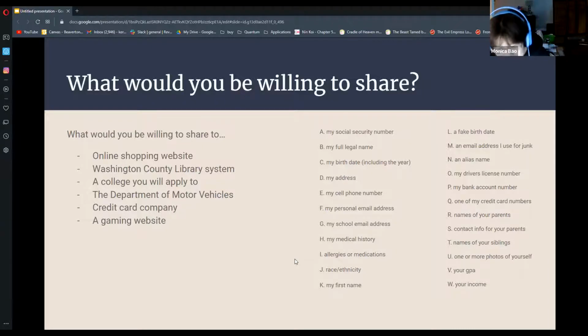And for a gaming website, a fake birthday and an email address used for junk, and yeah, everything fake would be a good idea. I think this might be just me, but I have my main email and then my school email.